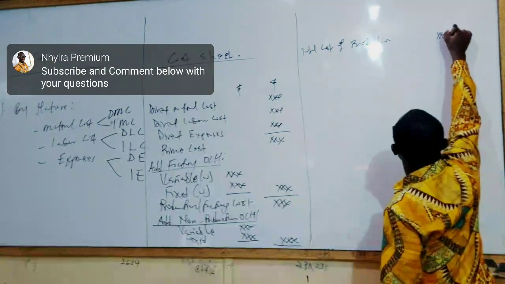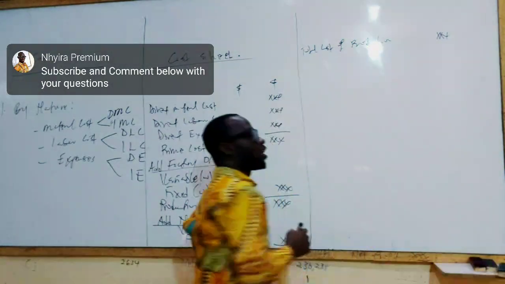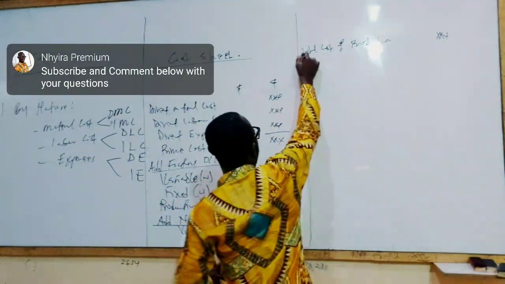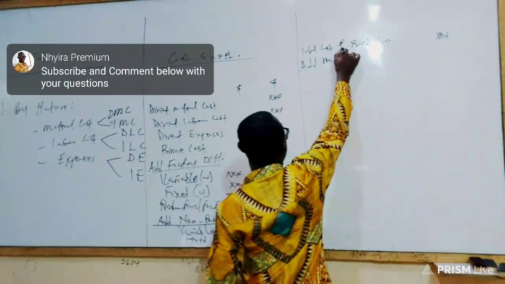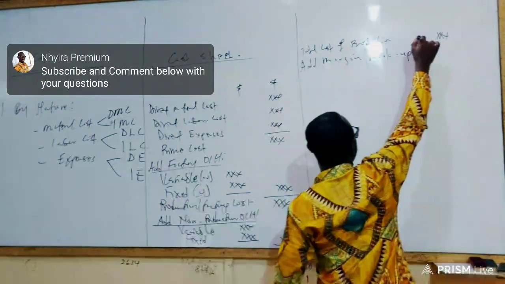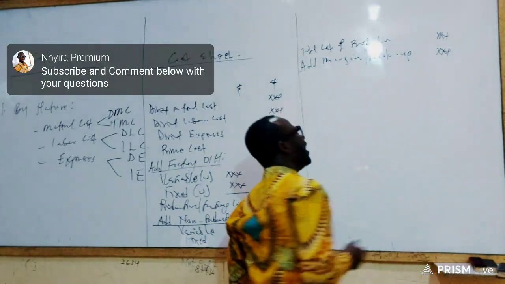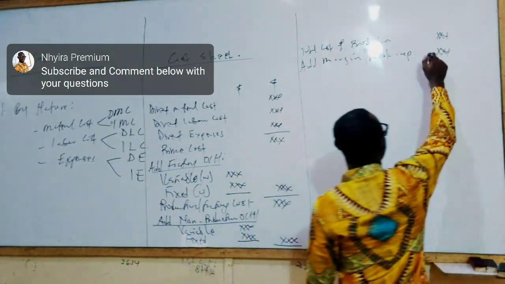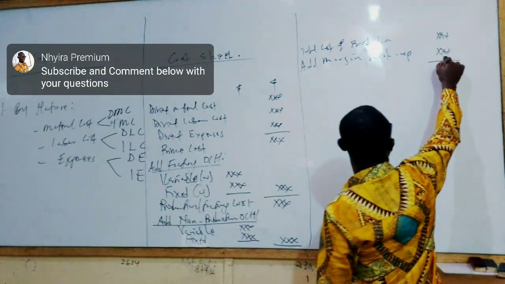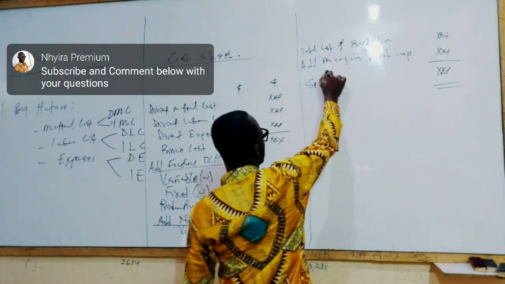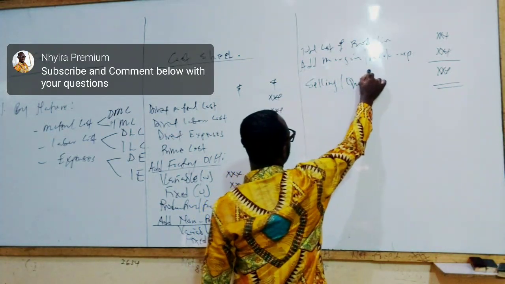Once you get your total cost of production, you add your margin or markup. We'll be looking at this one later on because it's something that worries students a lot. So we add that up, and then we get our selling or quoted price.